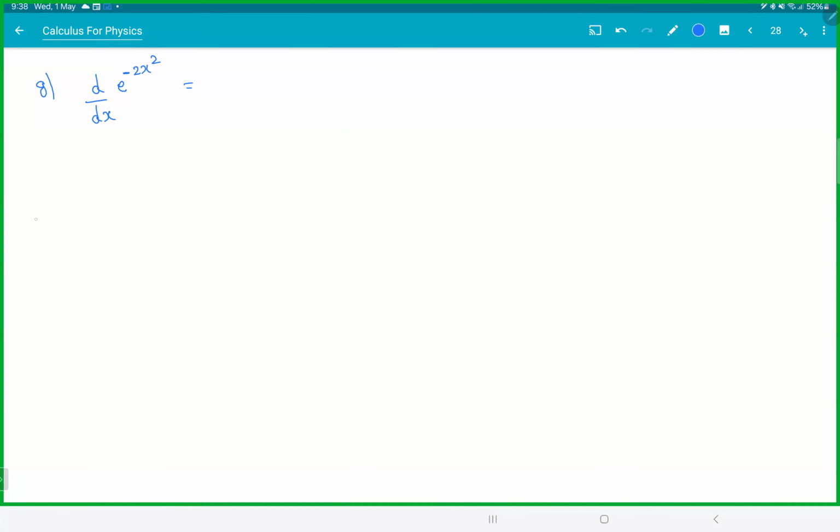e power minus 2x square. What is the differential of e power x?